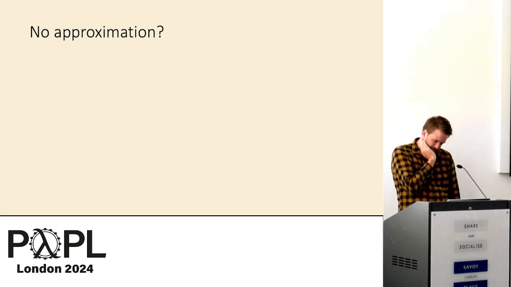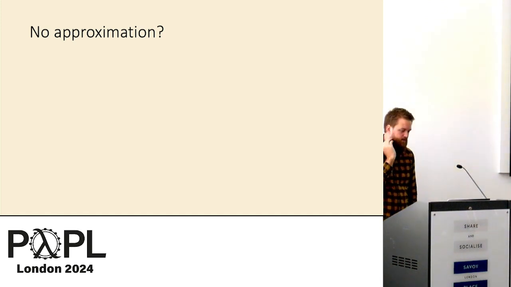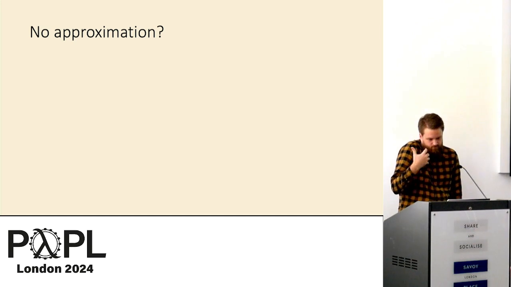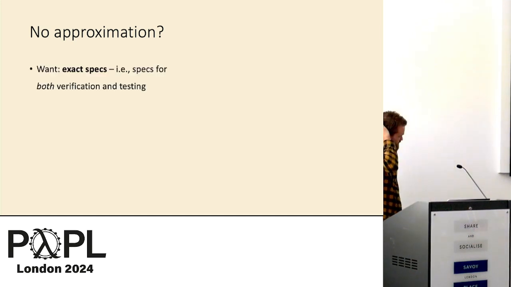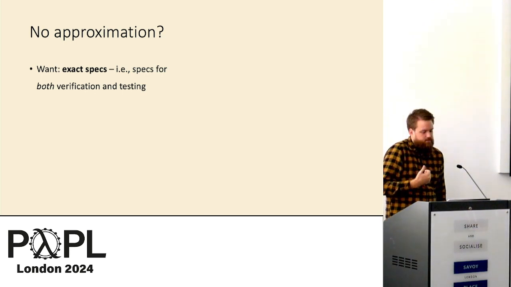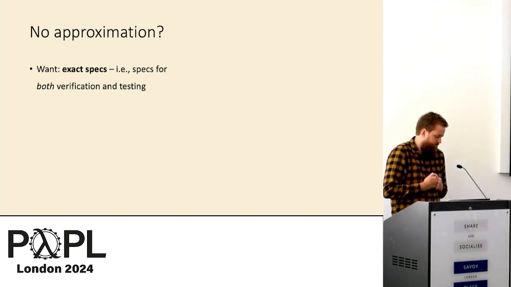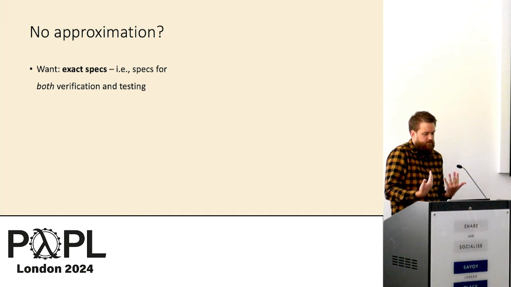So we can go back to our initial use case and think about what it means to not have approximation here. One way to think about it is that not having approximation is a consequence of the kind of specs that we're interested in rather than our program logic.